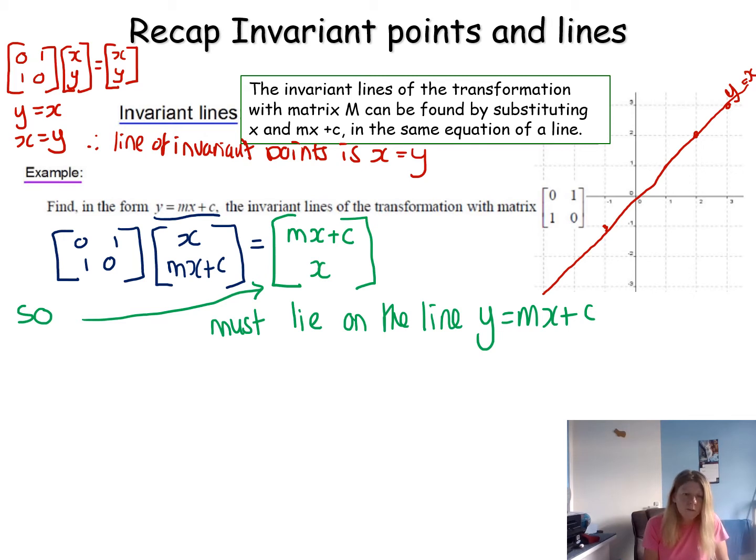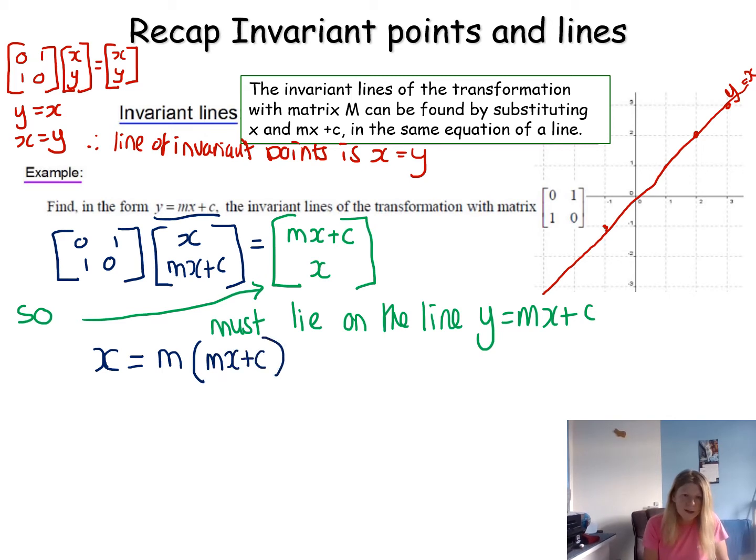So here we have y. Now y is x. So x, y equals mx. So we put m, and the x is this thing, isn't it? mx plus c.